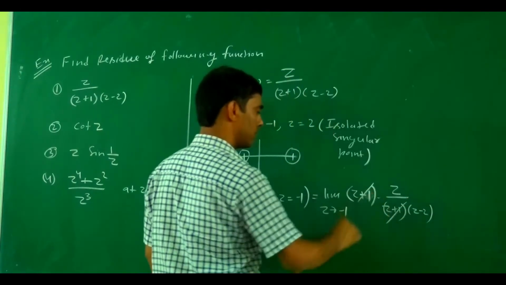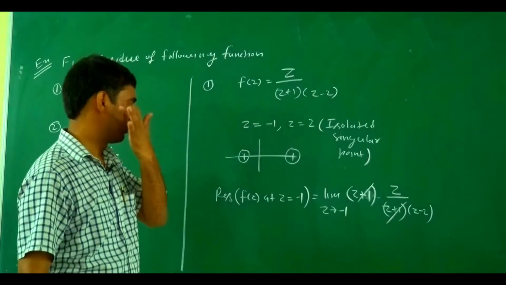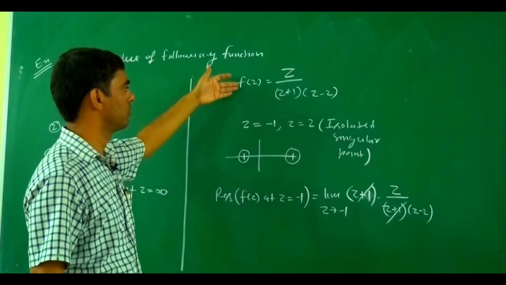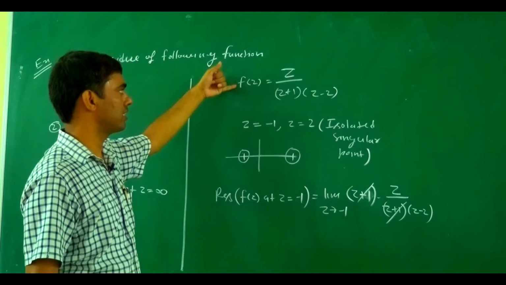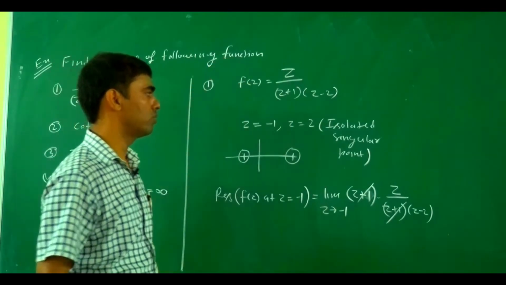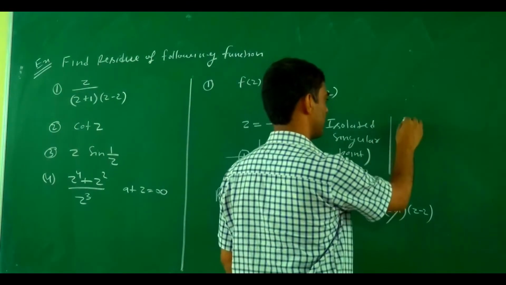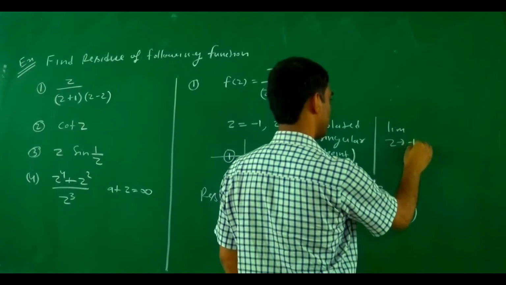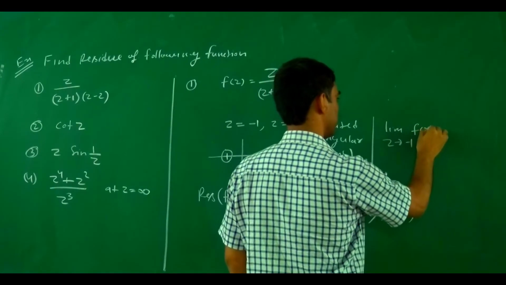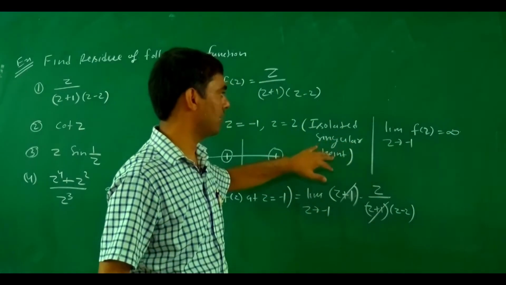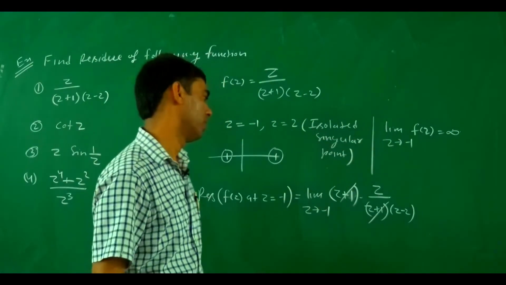So z plus 1 cancels out. This is an isolated singular point, and how do we decide whether it is a pole or not? You may also take the limit as z tends to minus 1 of f(z). The value is infinite. So you may say that this isolated singular point is a pole.